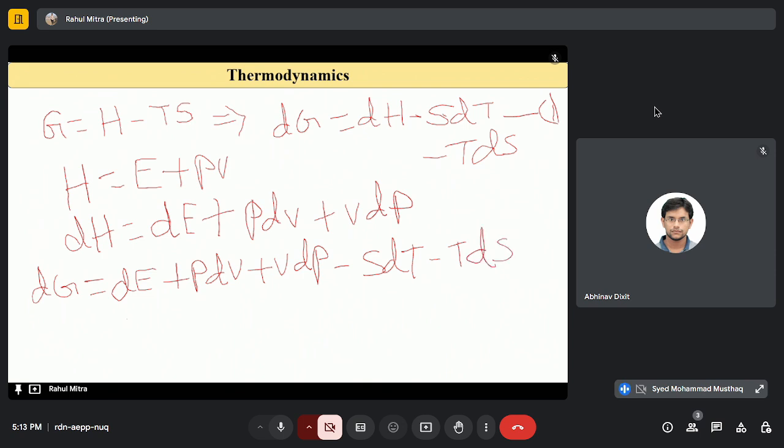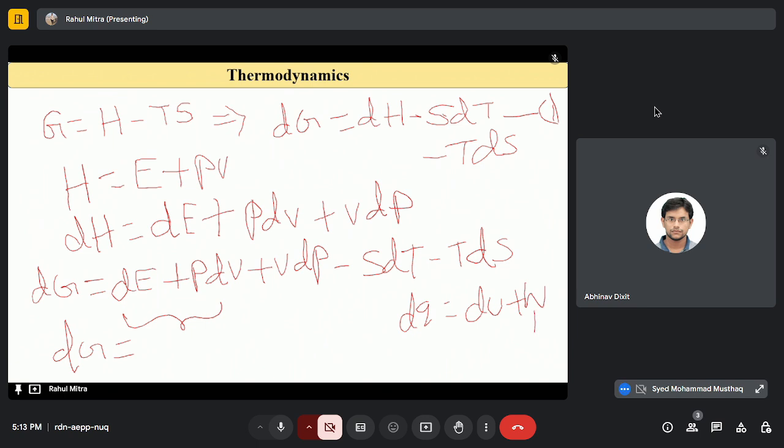The internal energy term plus P dV equals the first law of thermodynamics. The first law has a very basic equation which states the energy of the system equals internal energy plus the work term.